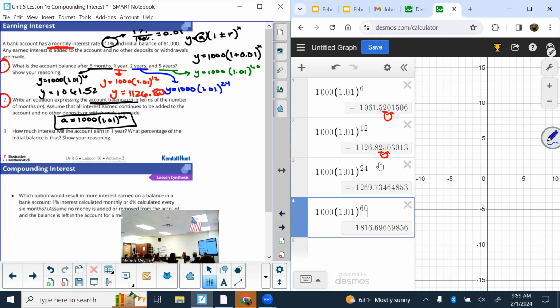For the 24 months, the 2 years, rounding so that it looks like money. So go to the hundredths place, look to the right. Since that number is a 4, should I make it 0.73 or 0.74? 0.73 is correct.